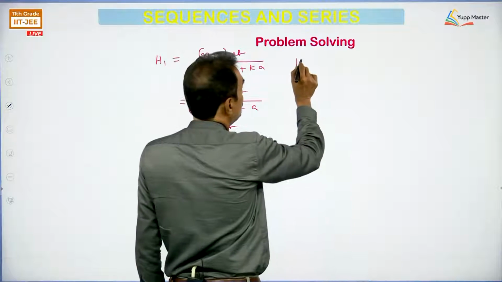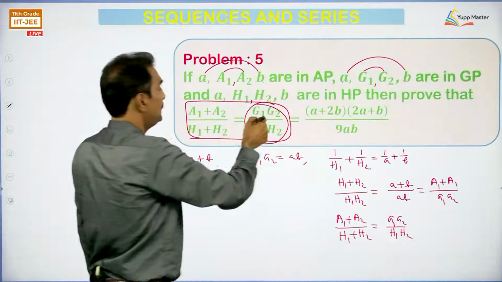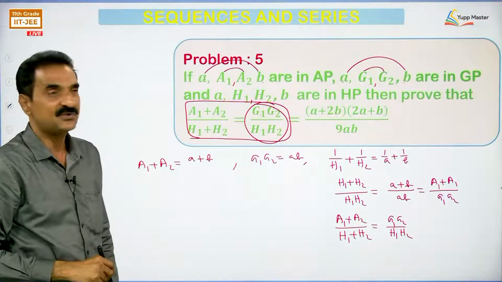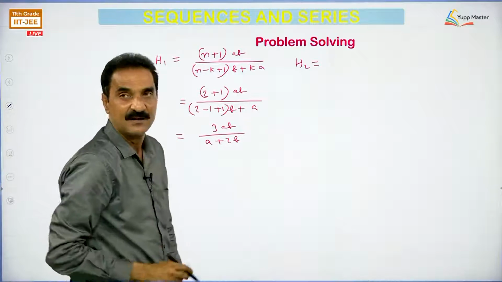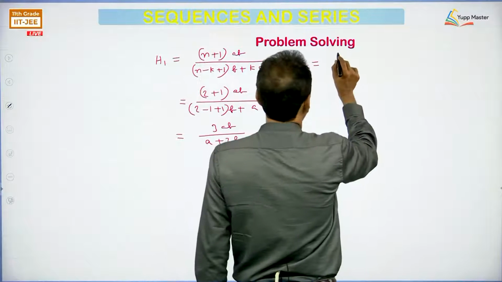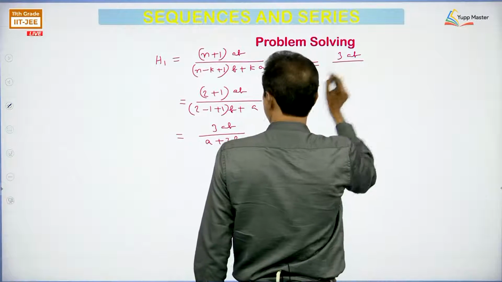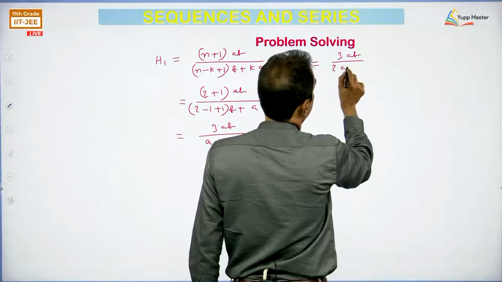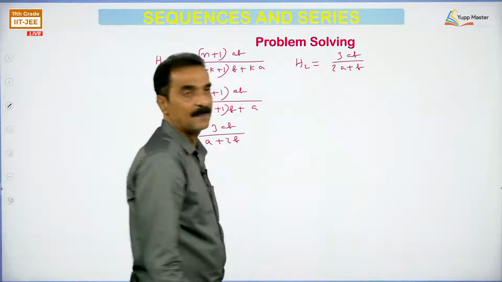Similarly, H2 is the first harmonic mean from right. So we can get H2 by just interchanging A and B here. So H2 is equal to 3AB by the denominator, which becomes B plus 2A, or 2A plus B.